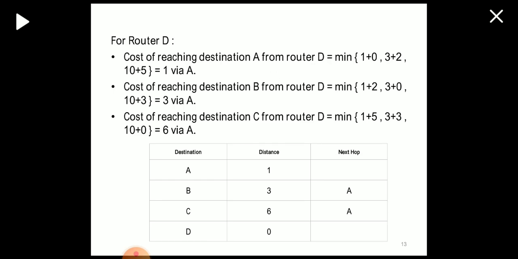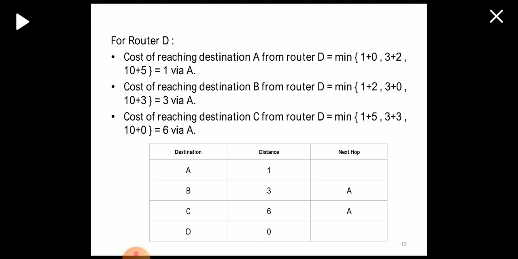Now I am going to give an example because there are a few changes in the table of the second step. The changes I have already shown at B and C. That is why we consider the next hop as A. Now I am showing three conditions through which we can identify why we are taking the minimum cost, that is 3 and 6.